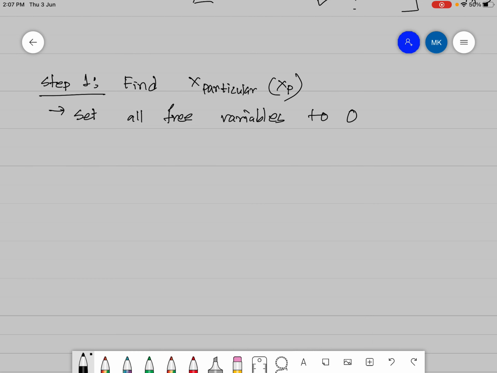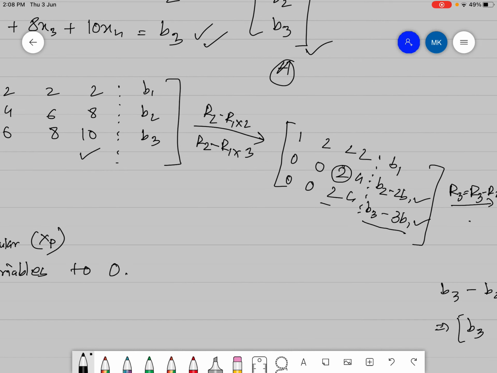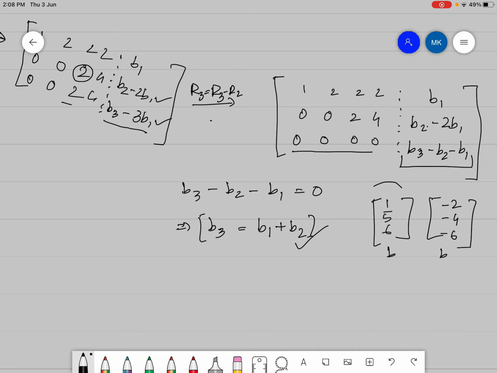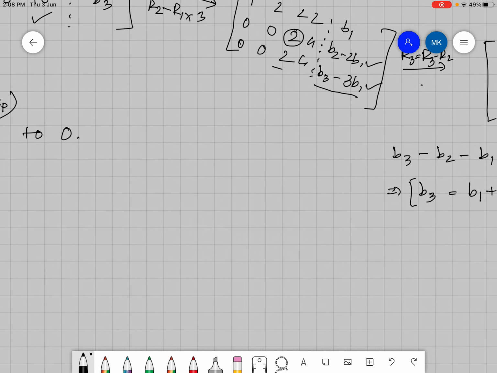Okay, so what was our augmented matrix? Our augmented matrix was 1 2 2 2 0 0 2 4 0 0 0 0. Let's take a real value. We just used b1, b2, b3 to find the solvability condition. Now let's solve for a real value, say we'll be solving for 1 5 6.